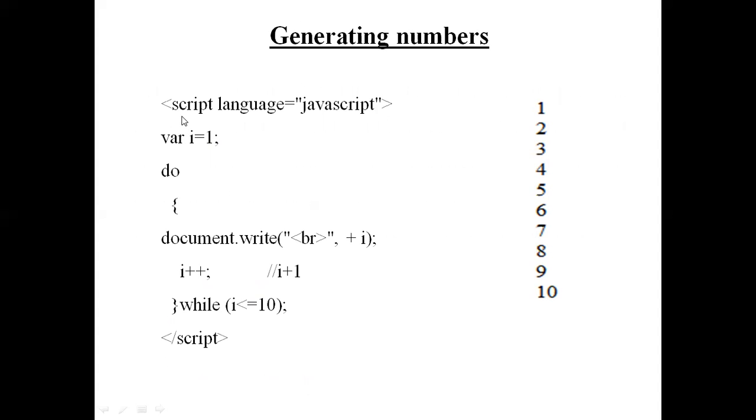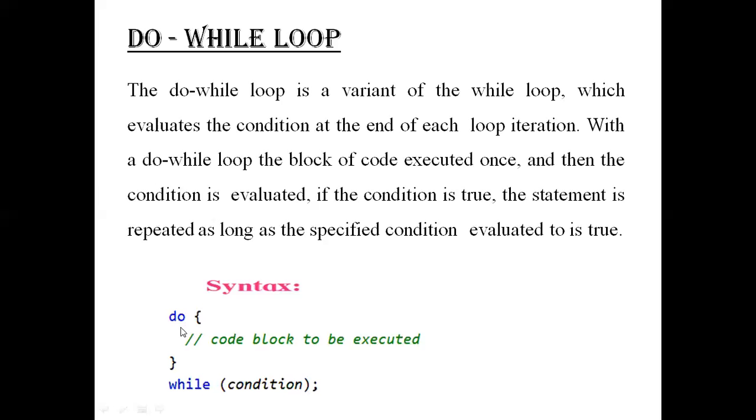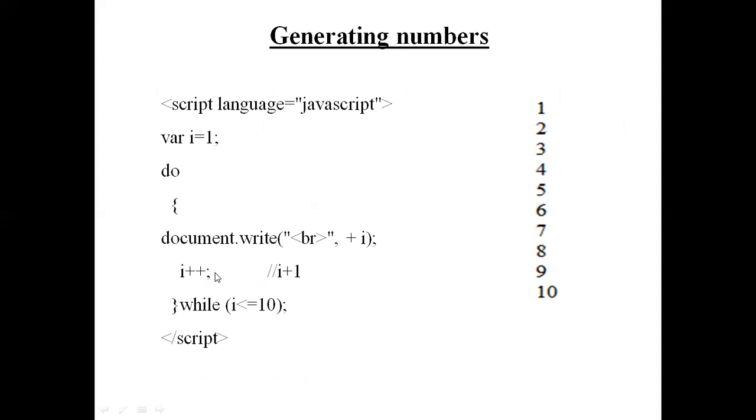Okay, so I'll take only one variable. Initial value is 1. According to the syntax, it says do, write the statements, and while the condition is checked. So here we have to declare the variable and initialize the value, then start with do.